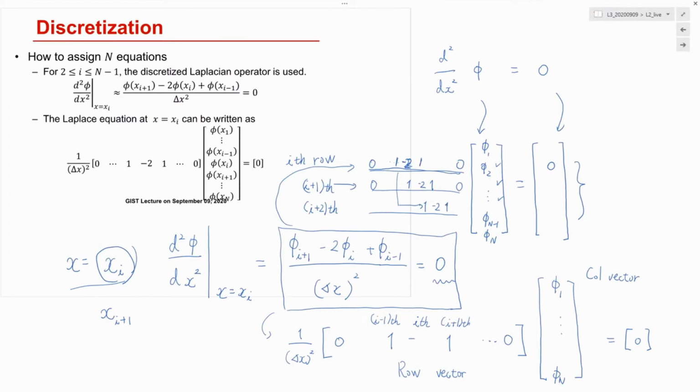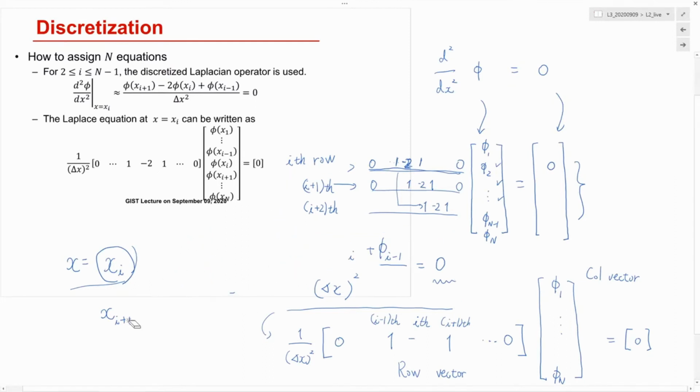You can evaluate the Laplace equation for many different positions, and every evaluation of the Laplace equation at a different point will give you a different equation. So they are just collected in different rows.